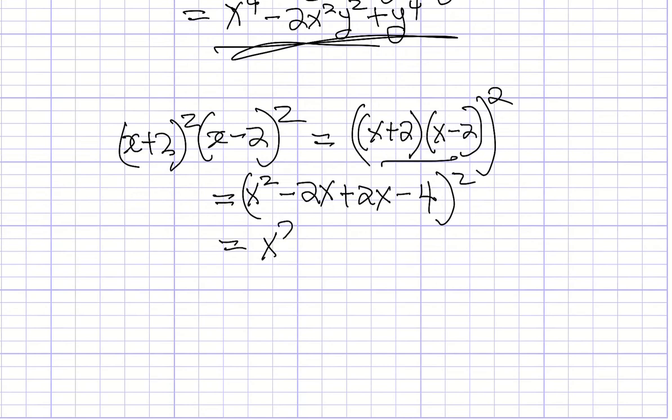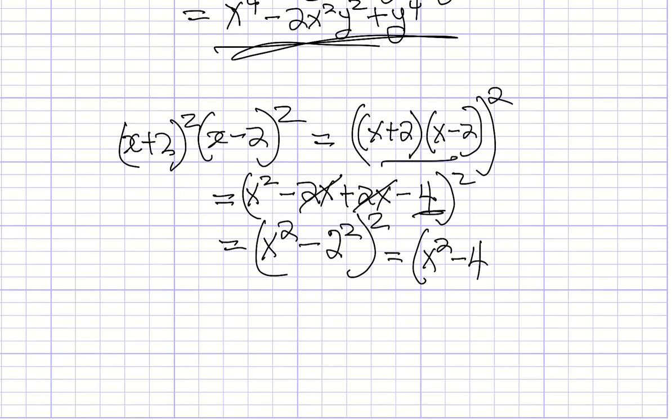So we keep going. x raised to the power 2, this cancels that, minus 2 raised to the power 2. All that stuff raised to the power 2. So we do the same thing we did previously. It is x raised to the power 2 minus 4, times x raised to the power 2 minus 4.